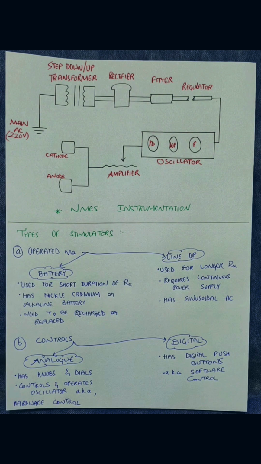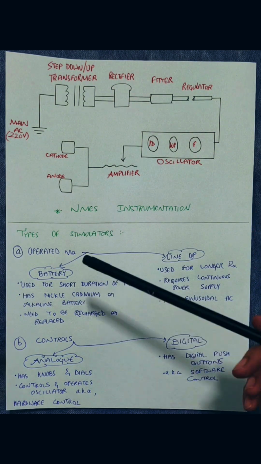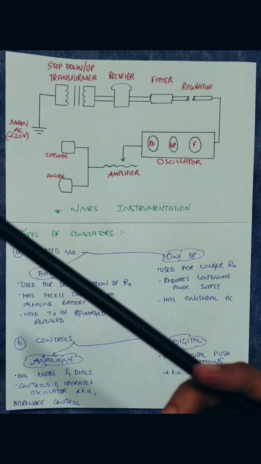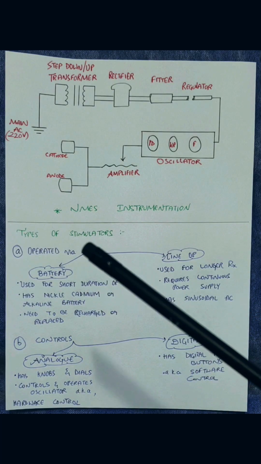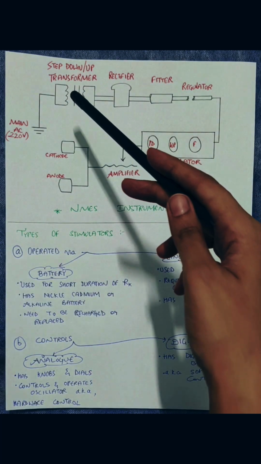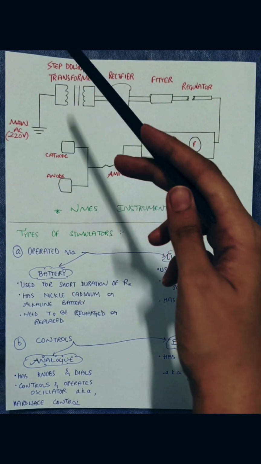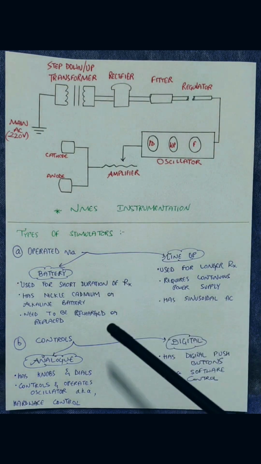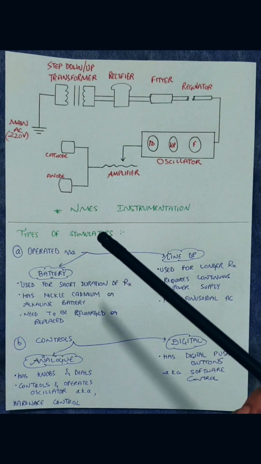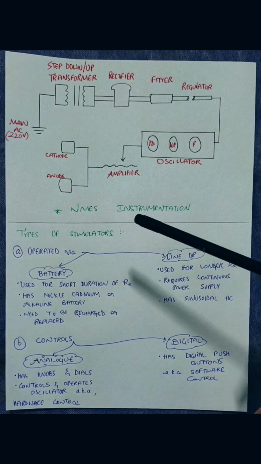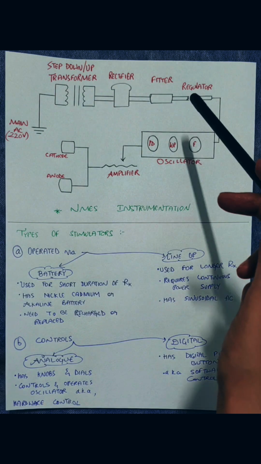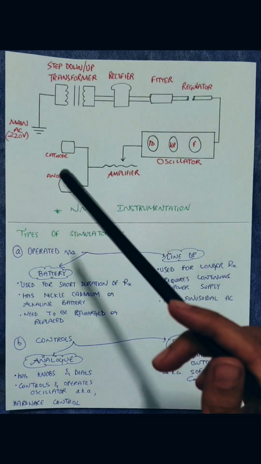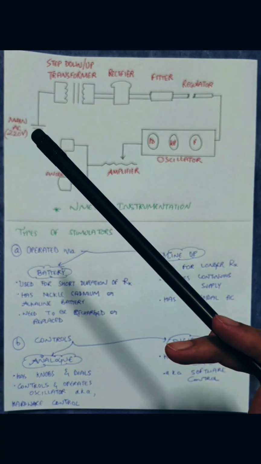So what components are present in the NMES? We have a power supply that supplies either AC, alternating current, or direct current with constant voltage or constant current. We have a transformer, for step up and step down, to increase or reduce the strength of the AC. There is a rectifier that converts the AC to DC, alternating current to direct current. We have a filter that is used to allow only a set frequency of current and block any different frequency.